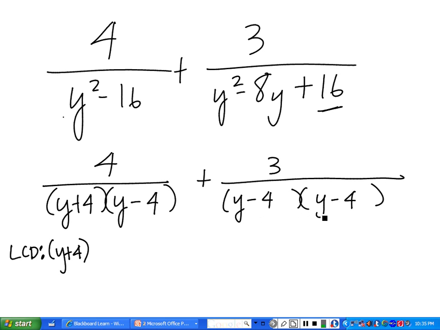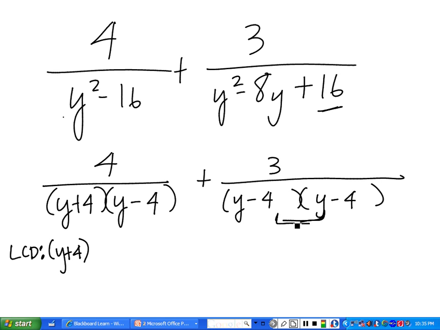Now how can I get both of these denominators to look the same? I need a y plus 4 in both of them, and I need 2 y minus 4s in both of them, because I have 2 on this side. It's not going to look the same if I only had 1 y minus 4 on this side. They're not an exact match.